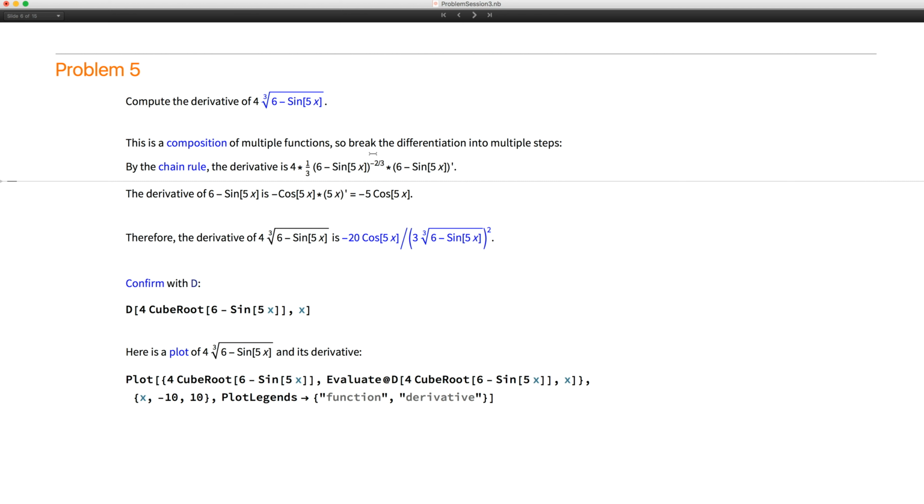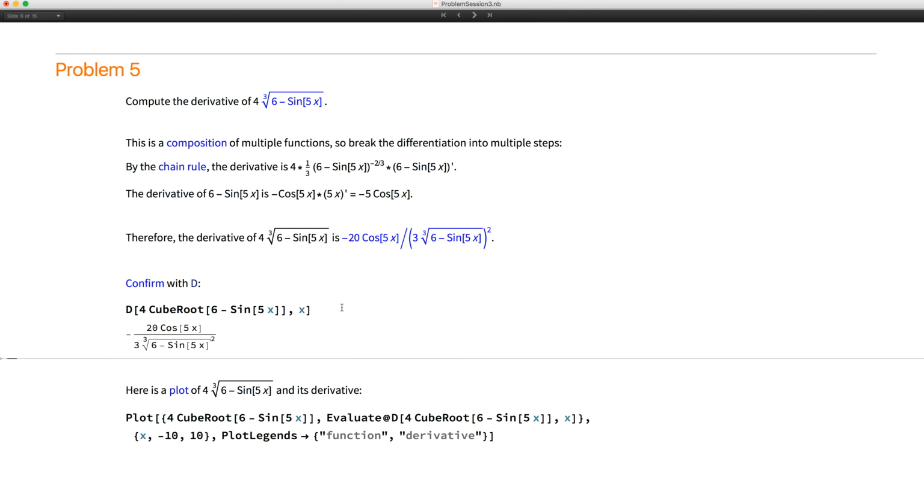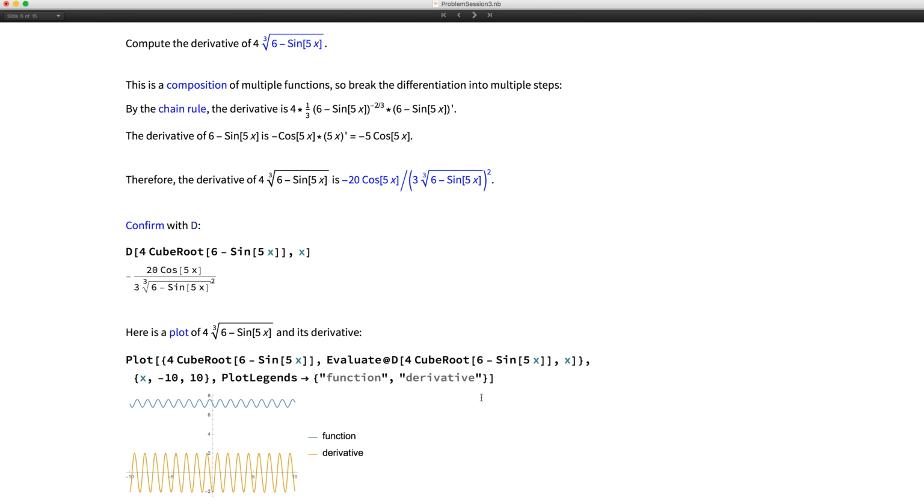That's 1 minus 1/3 raised to minus 1. Then you get the derivative of 6 minus sine 5x, which is negative 5 cosine 5x. So that's the final answer. You can check it with D, and you get back the same result. Then you can plot the function and derivative and get a plot for the whole problem.